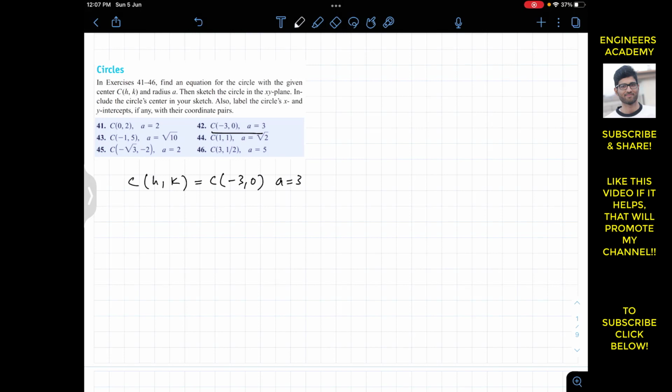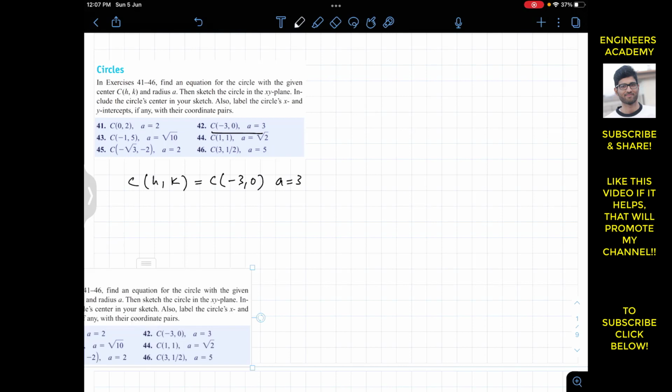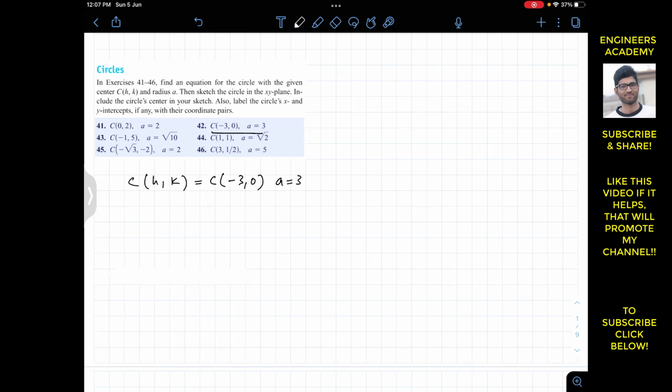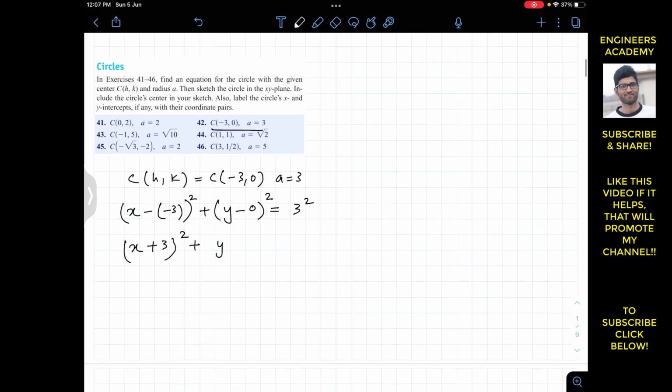So by using that standard equation, we can say that x minus h, so my h is minus 3, square, plus y minus k, so k is 0, is equal to a square, which is 3 square. So this will give us x plus 3 square plus y square equals 3 square, which is 9. So now let's plot this circle.